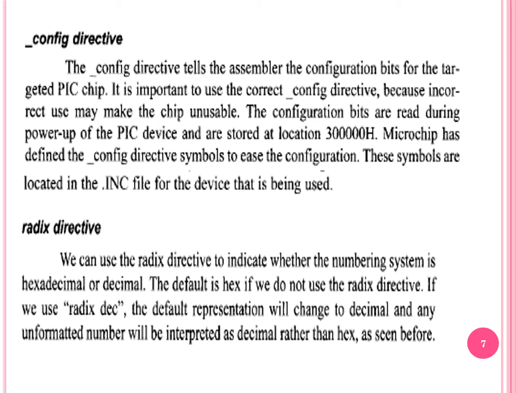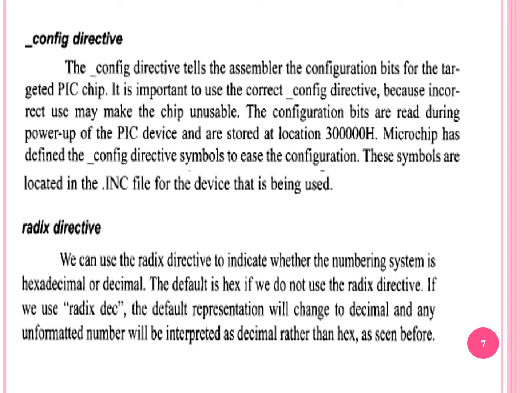So Microchip has defined the config directive symbols to ease the configuration. These symbols are located in the .inc file for the device that is being used. So we have configuration options, and those bits you can use the way you want in your program.